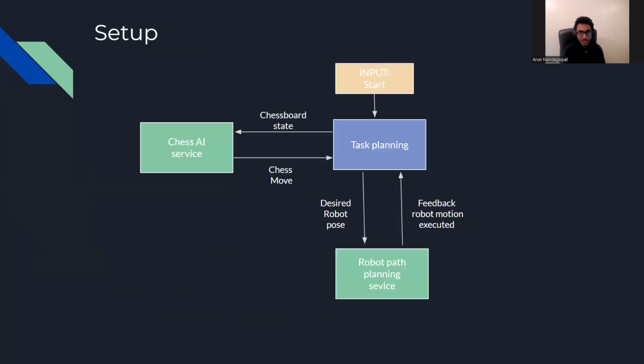So, just to recap, this is the setup we had. We just give a start command, and then the task planning requests the chess AI service.